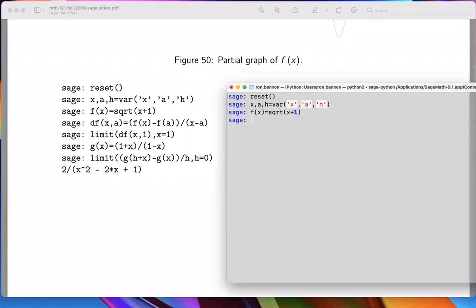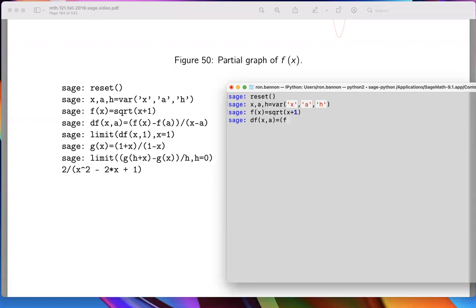Now, I'm going to point out that df, I typed that wrong, didn't I? df is a function of two variables, and those variables are going to be X, comma, A. And what is that? It is a difference quotient.